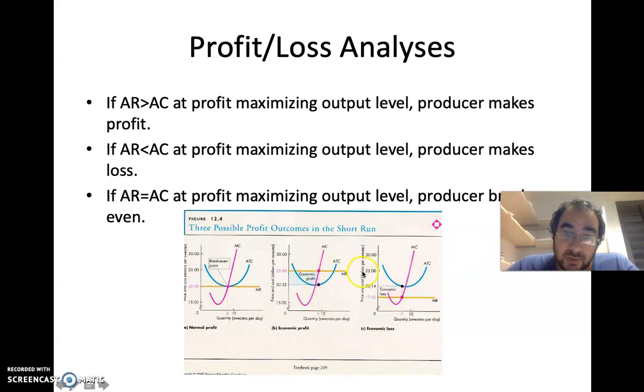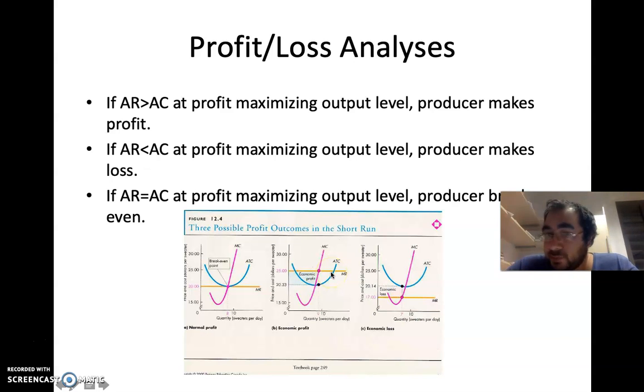But if the average revenue curve gets above the average cost curve at any point, then at least at some production level we know that our company will have average revenue higher than average cost. So if we draw the marginal cost curve, we know at this point also our average revenue is higher than average cost.